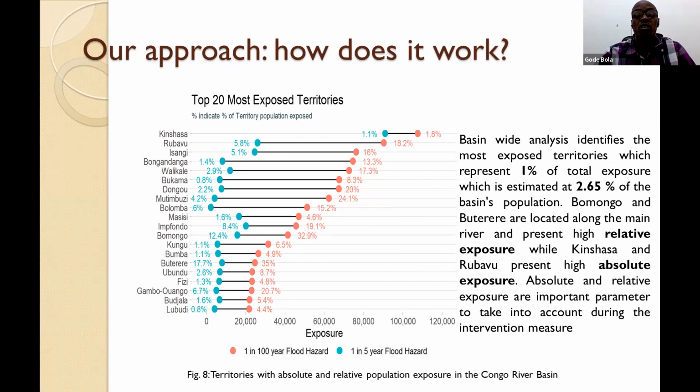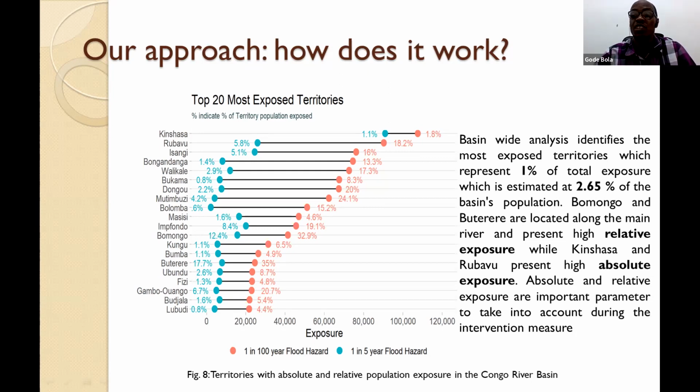And from the graph, we can see here that relative to absolute exposure, Kinshasa, Bukavu, and Isangi were really having high exposure, but relative exposure was found from Bomongo and Buterere.